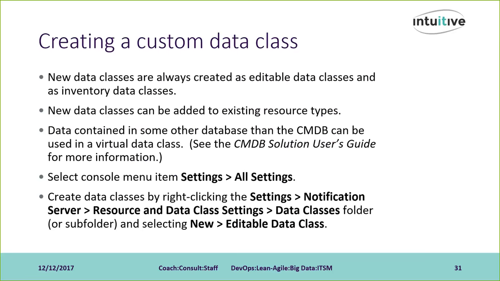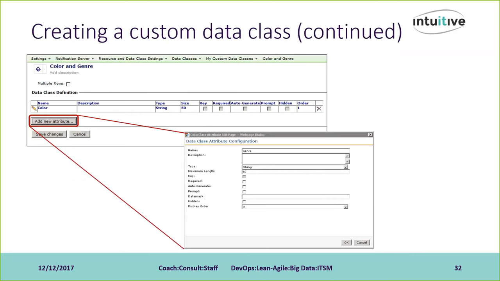Data classes are found in the console by selecting settings, all settings. I don't have a graphic up on that, but they're in the folder under resource and data class settings, data classes, and we'll look at that again in more detail in the demo. So let's look at a couple of screenshots here on creating one. Here we're going to create one called color and genre. To configure a new data class, we change the name from the default, which comes in as new editable data class.